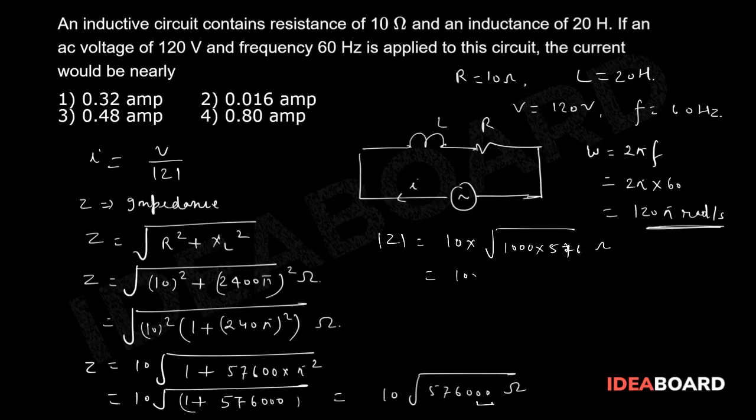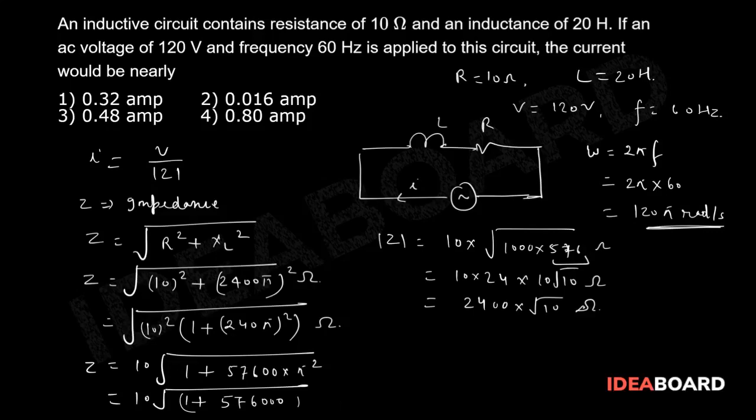So this will become 24 once again, and this 1000 will become 10 root 10. So this much ohm. So this will be 2400 into root 10 ohms, right?